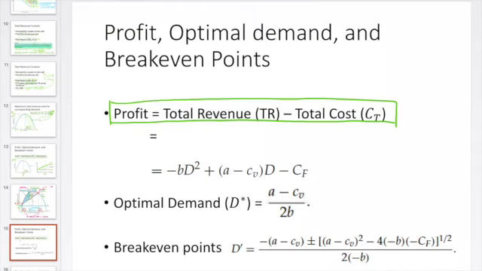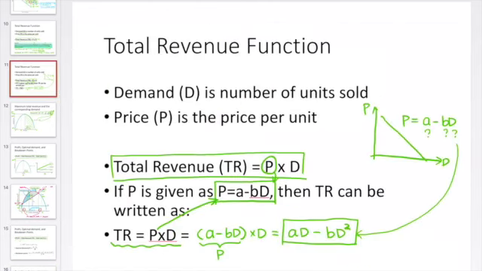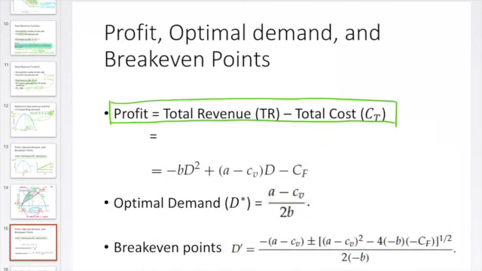So what is TR? The total revenue, do you remember that? We have written it as AD minus BD squared, right? So the total revenue is AD minus BD squared.